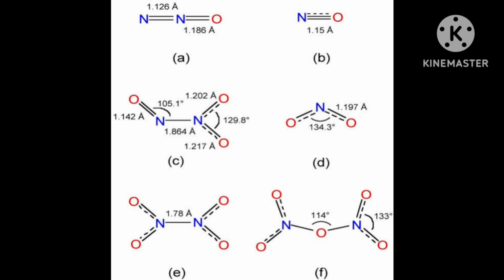Then it is making a 105 angle, and the bond length for this is 114 picometer. If we come to the other nitrogen, it is joined with 2 oxygens, nitrogen in the middle, O and O. Here the angle is more. The angle is 130 degrees.